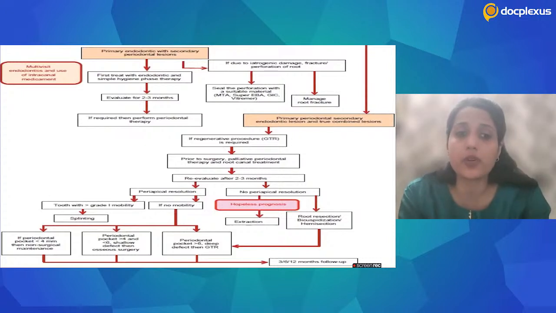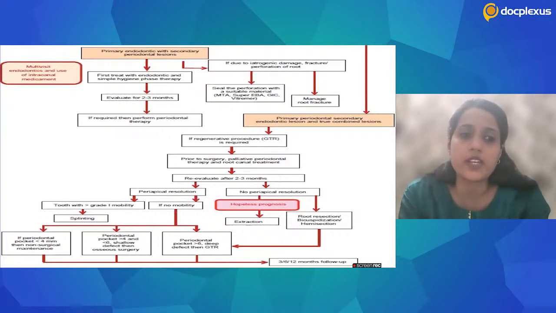But if there is mobility more than grade 1 but lesser than grade 2, we should not just leave the tooth as it is, saying that it will heal on its own. We should try to splint the tooth, because sometimes the mobility might increase, and this will not allow the attachment apparatus to regenerate or recover.